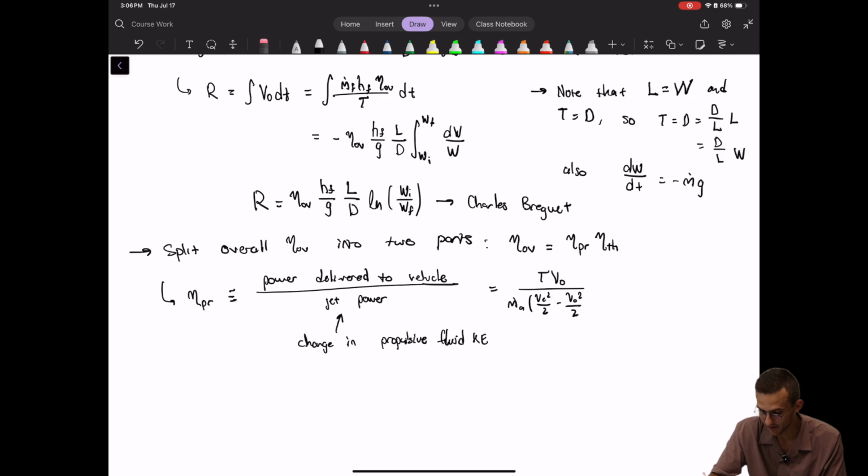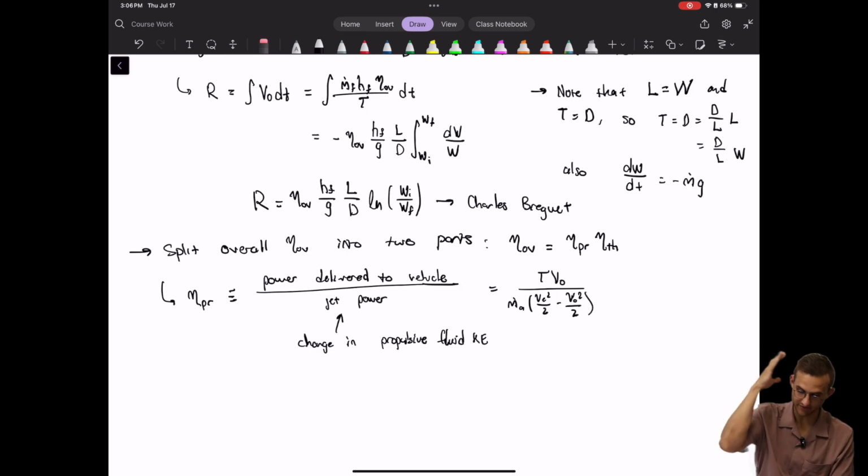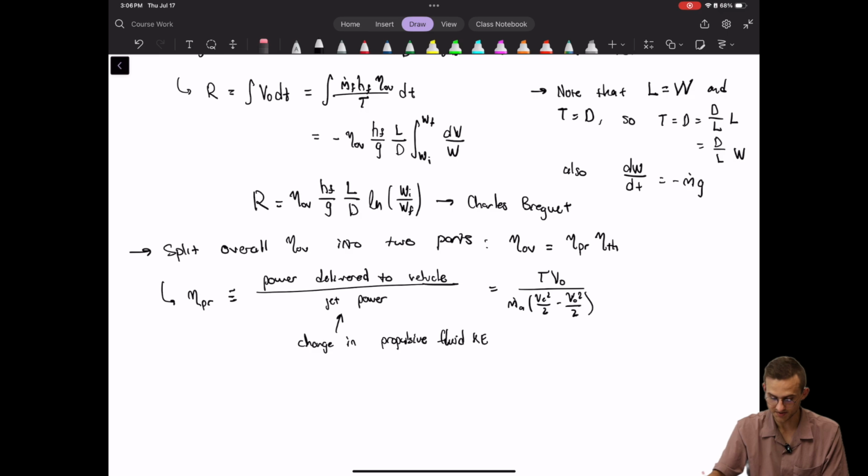So the air that passes through the engine changes from having initial velocity V naught to VE. So this is the change in kinetic energy of that component of the propulsive fluid. And then you also have the change in kinetic energy of the fuel, which is injected at energy 0, say, and then it's accelerated to VE squared over 2. So that's what the propulsive efficiency is.